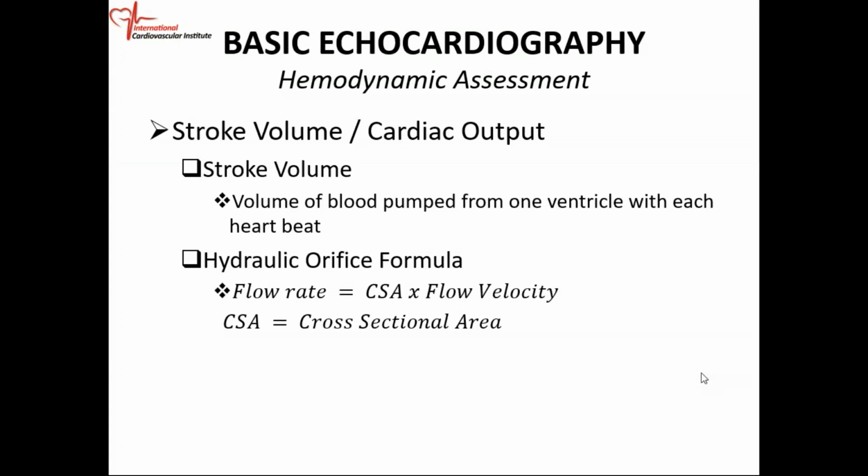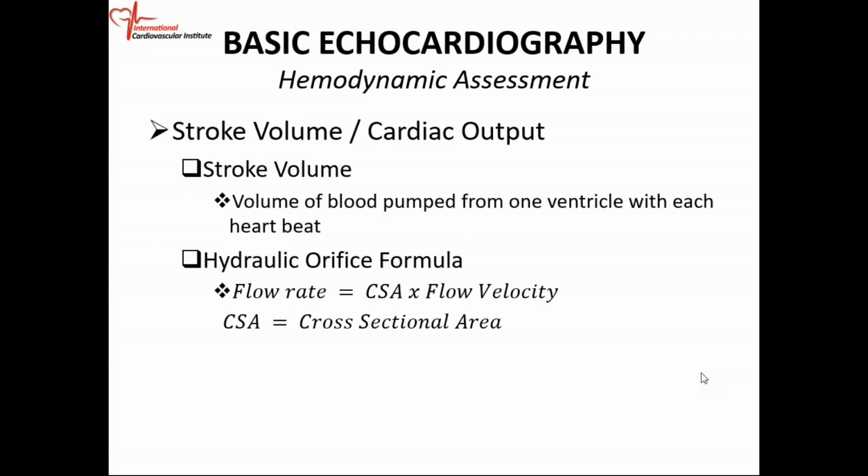So we're going to move on to looking at the hydraulic orifice formula, but I'm just going to recap a little bit. Again, we look at gradient, which is the pressure difference that drives fluid from one direction into another.